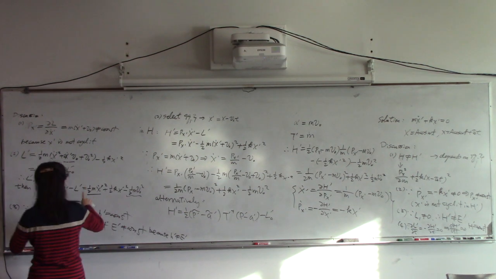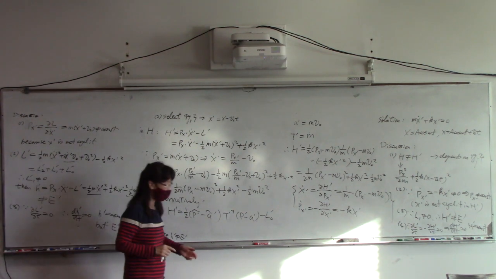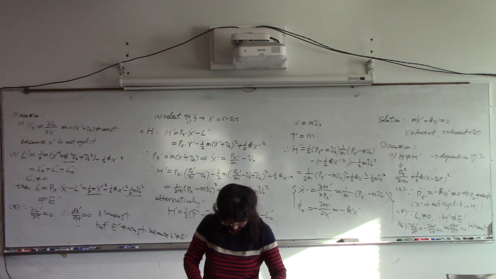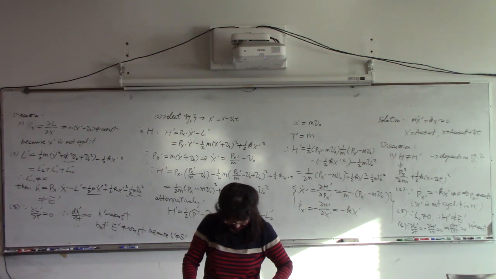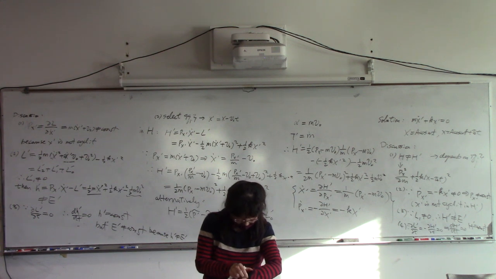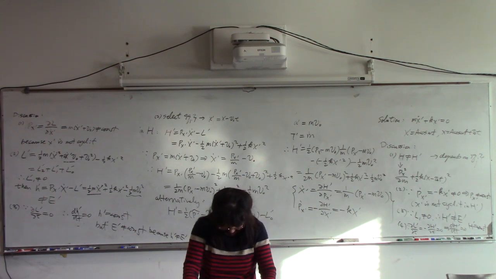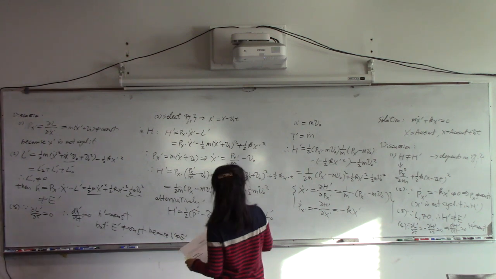In the first one, energy equals the Hamiltonian, but is not conserved. So you must be careful when you select the generalized coordinates when we deal with the Hamiltonian. We have time, so I think we can also go to another example. If not finished, we can finish on Thursday.